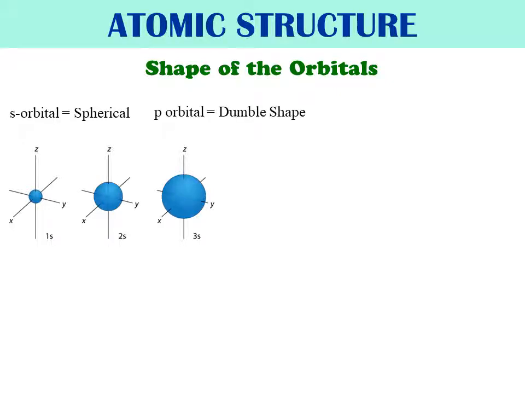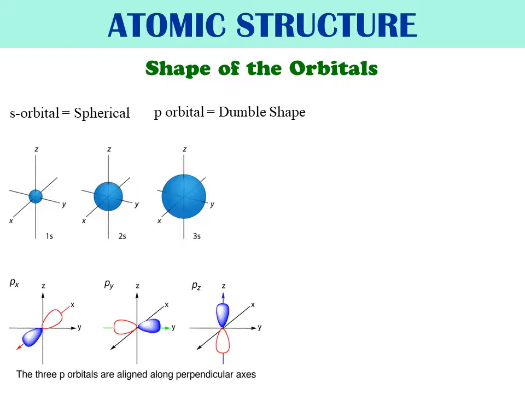P orbital is having a dumbbell shape. Since S is spherical, and it's a three-dimensional space within the atom itself, with three dimensions x, y, z, all the directions will have equal distribution.